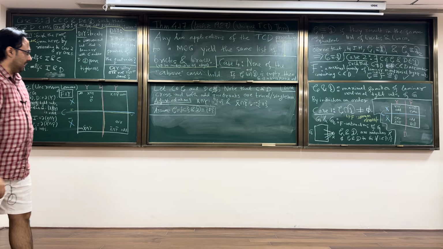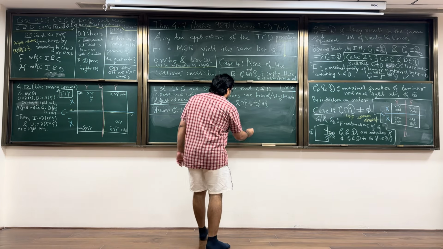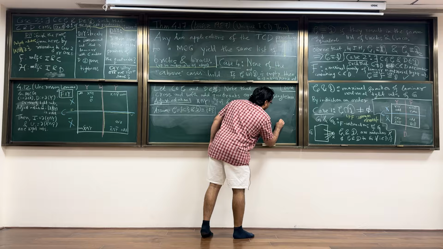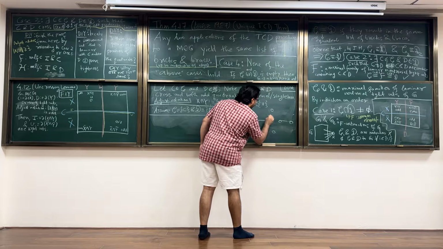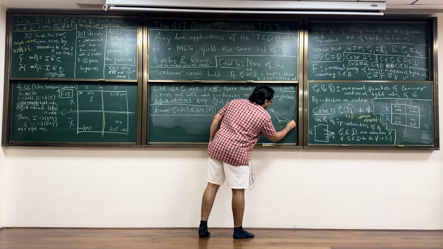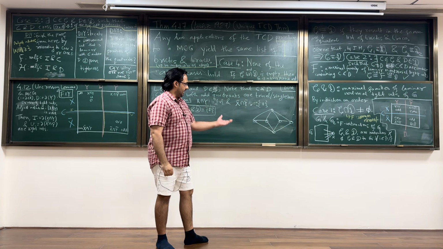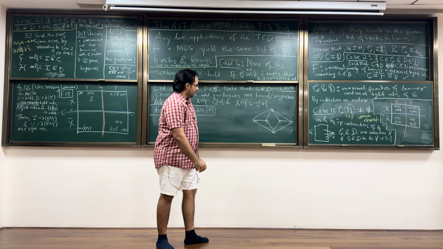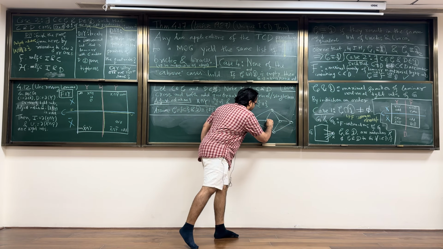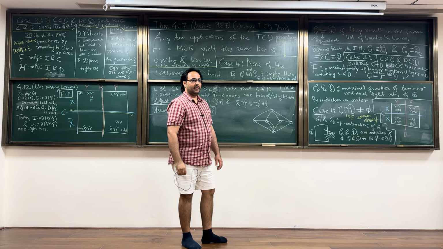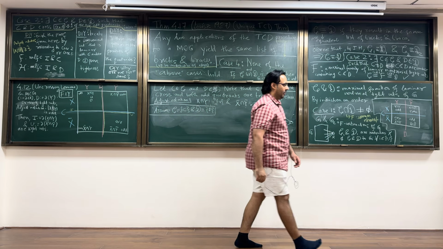Let's look at a concrete example where this happens. The smallest graph where this happens, we have already seen it. To make it more interesting, you put a parallel edge here. Then the two contractions are not going to be the same.